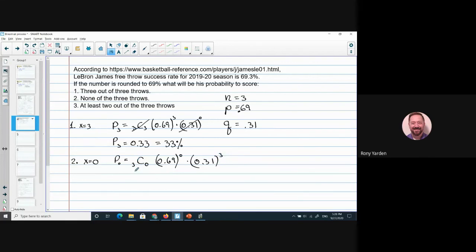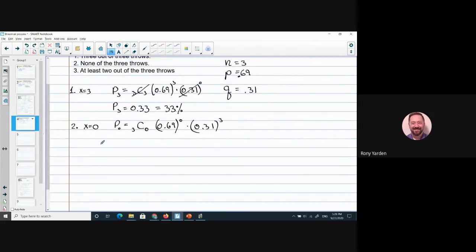Now, let's look at this expression with the factorial that we know. We have n factorial divided by x factorial times n minus x factorial. And I just want to remind you that 0 factorial equals 1, by definition. So n is 3. We have 3 trials, 3 factorial, 0 factorial, times 3 minus 0, which is 3 factorial.